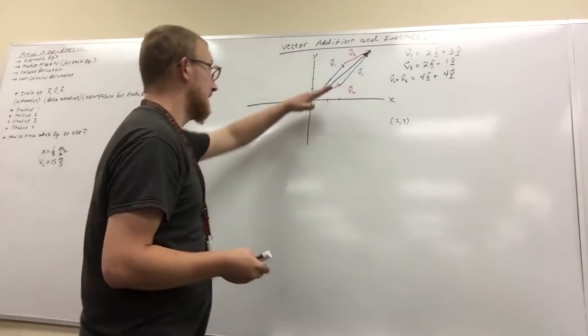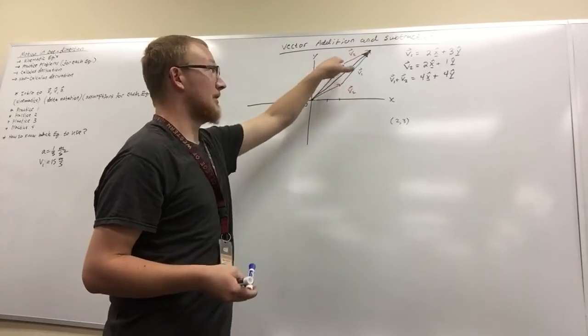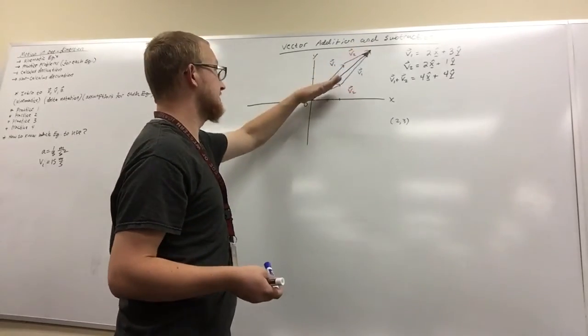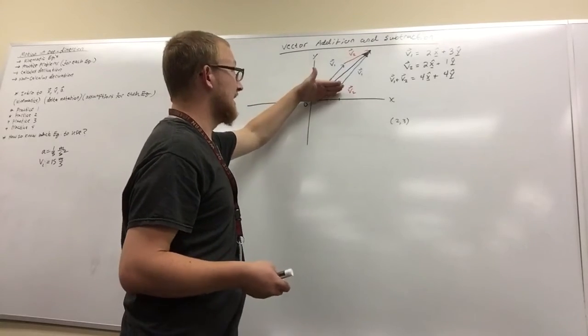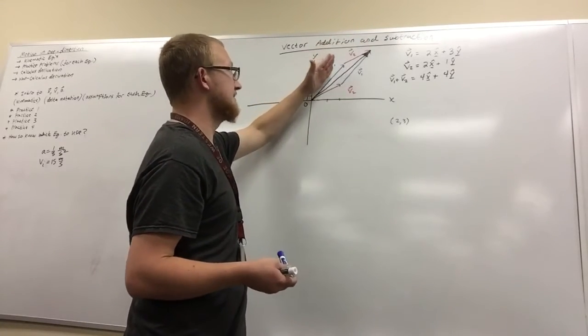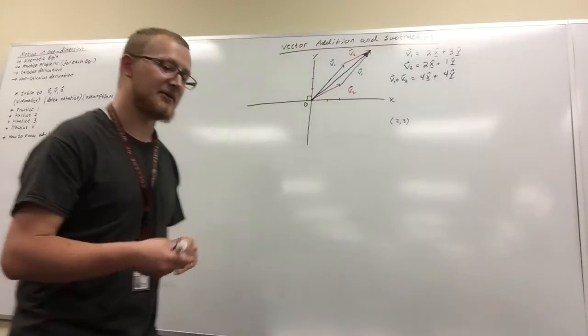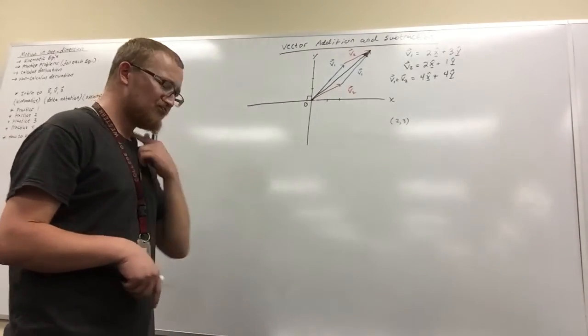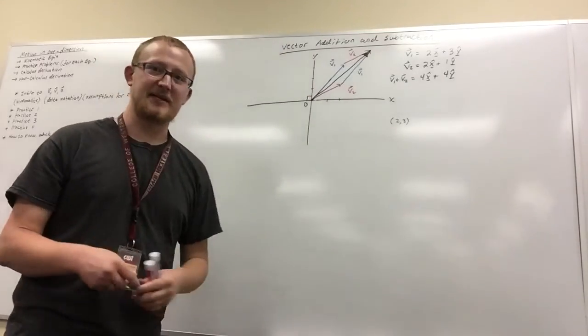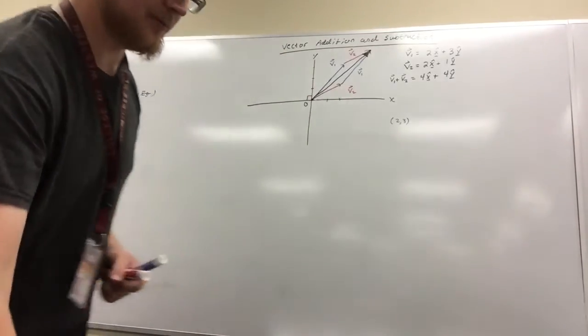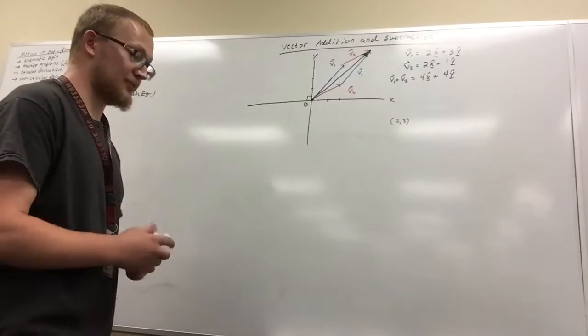What you may notice is that this actually makes a parallelogram, right? So in other words, this side's parallel with this side's parallel with this side. This side has the same length as this side, and this side also has the same length as this side. So vector addition is always going to appear as a parallelogram. So that's the addition right there.